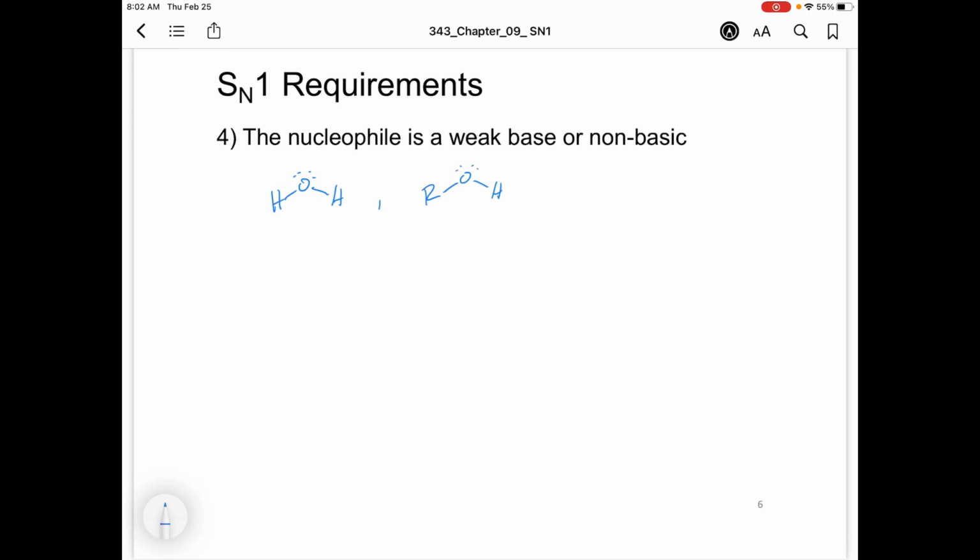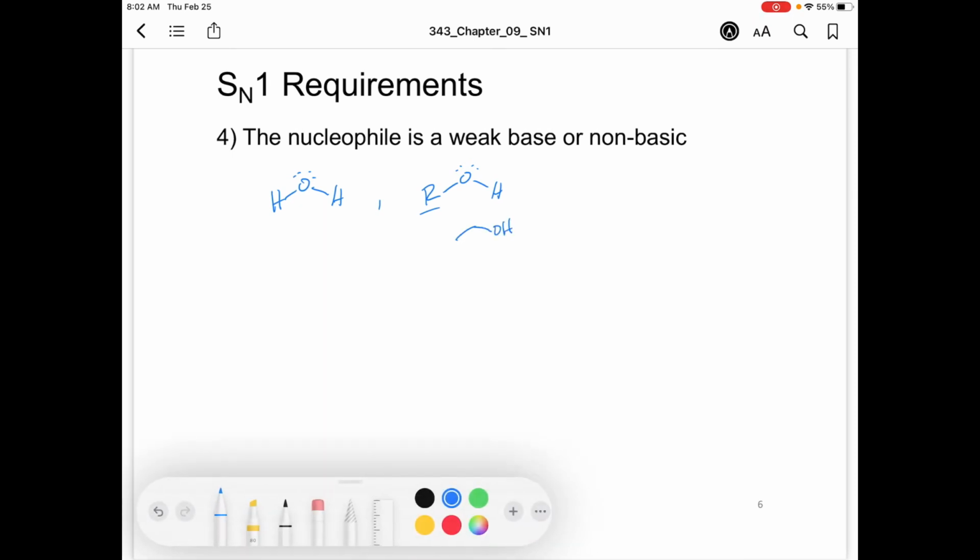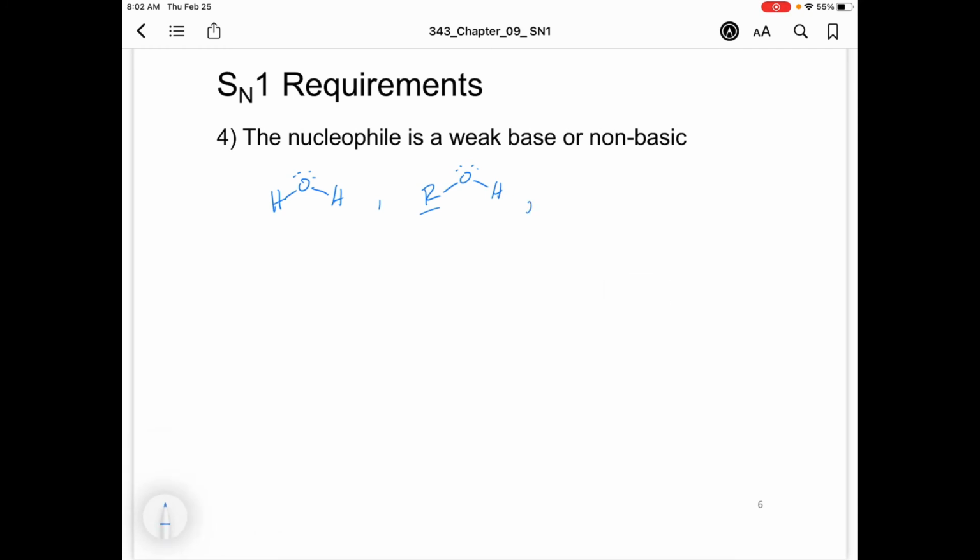Now, when I say R, that typically means an sp3 carbon or something. So think something like ethanol, okay? We can also have Cl minus as a nucleophile. It is a weak base. Br minus can be a nucleophile, and I minus can be a nucleophile. Let's write a few more. You could have a thiol, or SH, okay? You can also have an azide. This is a fun compound here.